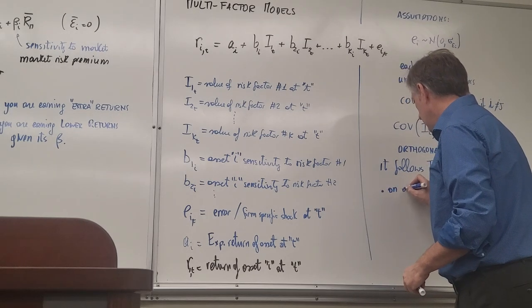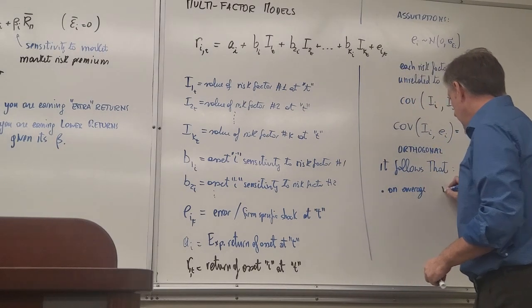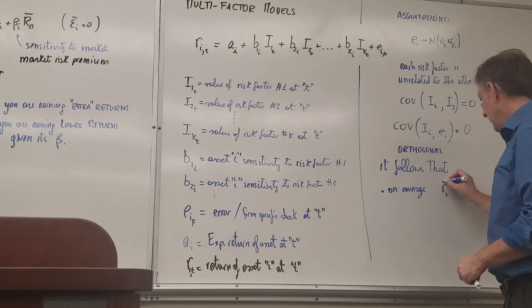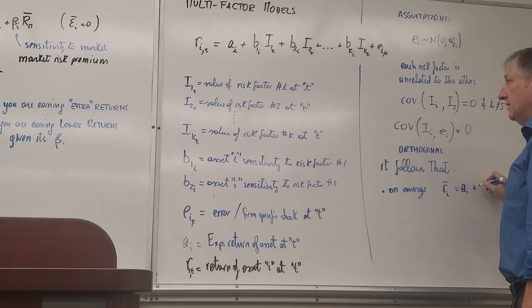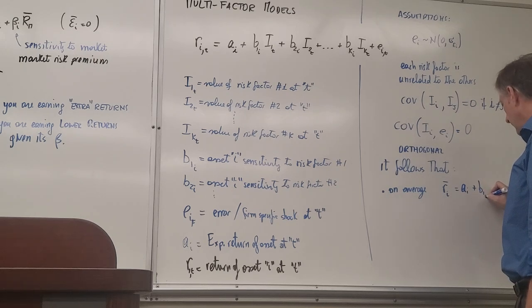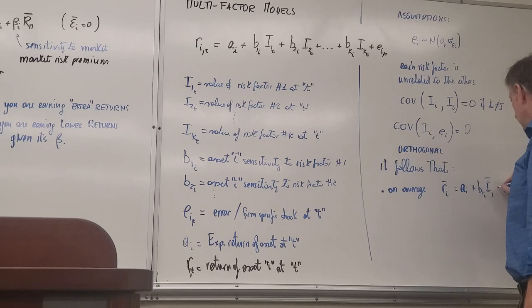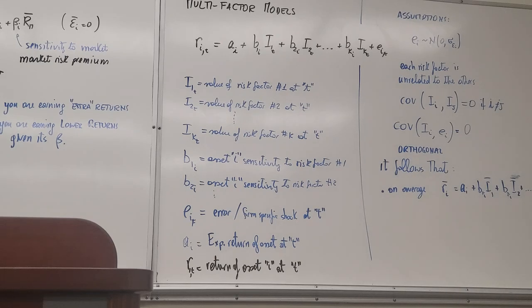On average, the average return of asset I should be equal to alpha I plus beta 1 of I times the average of factor 1, plus beta 2 of I times the average value of factor 2, and the last one is K, beta K of I times the average of factor K. So the average behavior of an asset is to follow these.